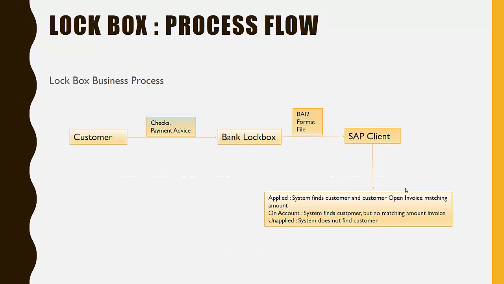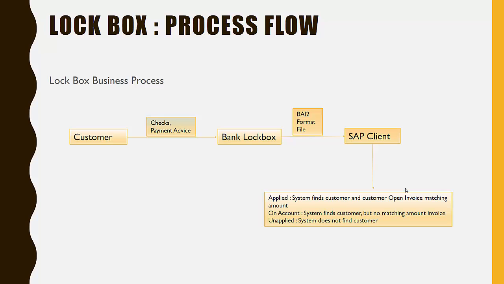At a high level, the Lockbox process is explained here. We have customers. A company may have thousands of customers, and they will remit their payments through checks, which the company will collect and then enter manually in SAP and deposit in the bank.